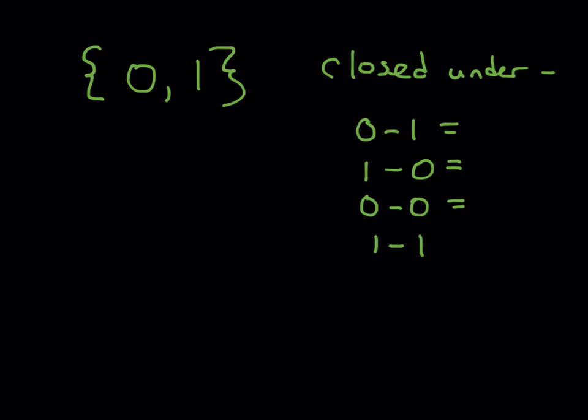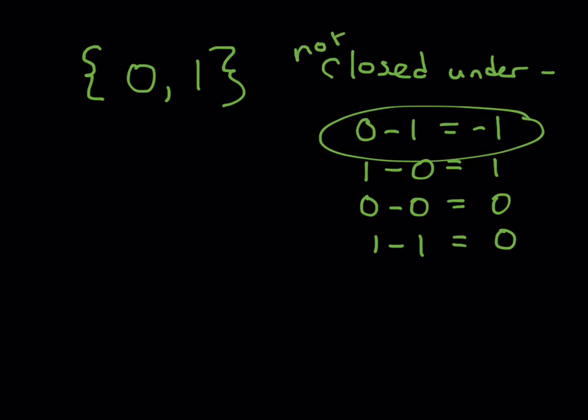So I'm just going to check all of the answers here. And we get -1, 1, 0, and 0. So it almost looks like this would have been closed, except we do have a single counterexample here. 0 minus 1 is -1, so this set is not closed under subtraction.